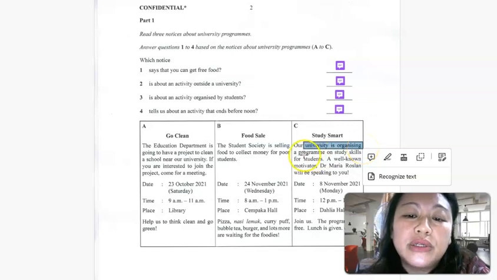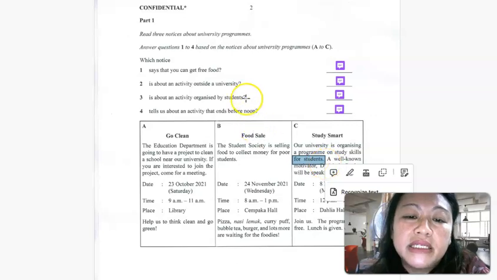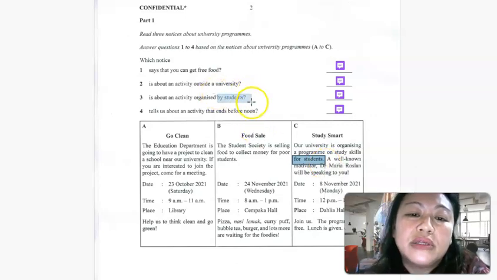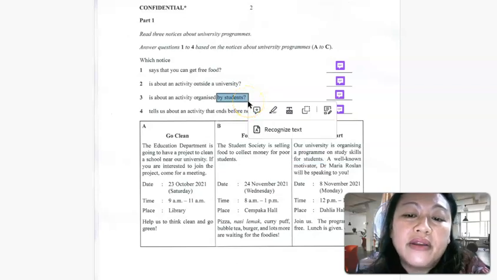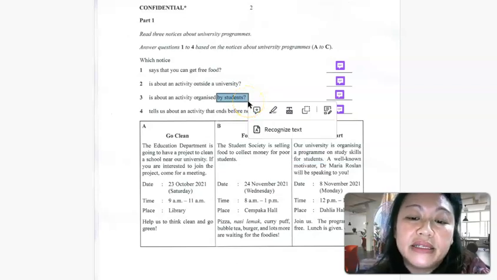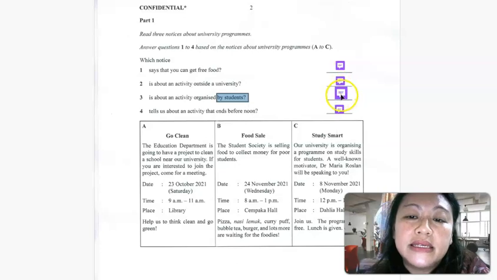But some students might be distracted by the term for students because it looks something like by students. But if you're good in English, you know that by and for mean completely different things. Okay? So the answer is B. Student society will be organizing it.